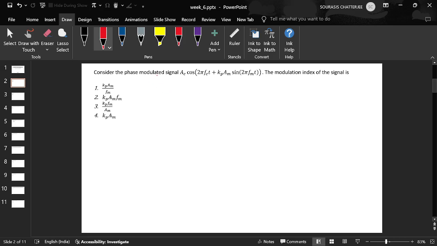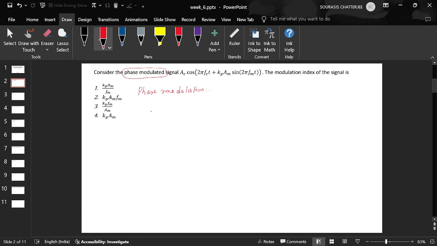Let me highlight this term here, phase modulated. As the name suggests, instead of modulating the amplitude of the carrier, now we are going to modulate the phase of the carrier. So how is that going to happen?